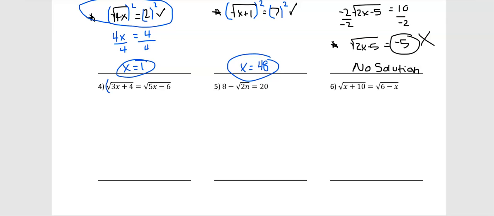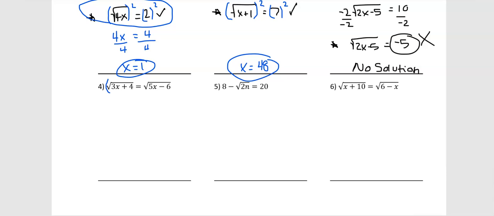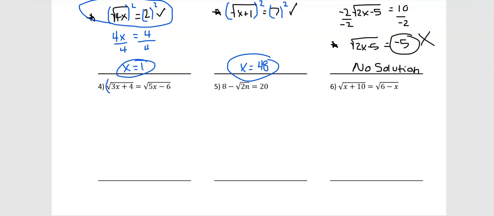So in this case, you just square both sides, because then we can get rid of both radicals in one move. Okay, because this would cancel out that, this would cancel out that. So literally what you're left with is just 3x plus 4 equals 5x minus 6, and then go from there.